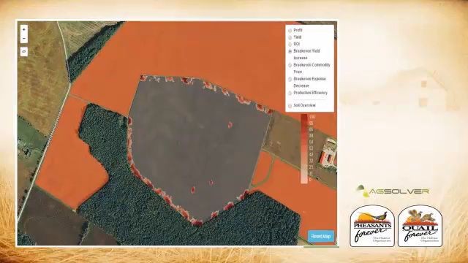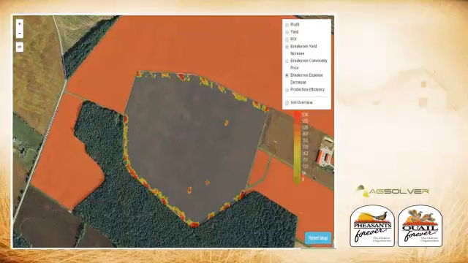Another way we can look at this is the break-even yield increase. How much do I have to increase my yield just to break even? And some of those numbers are 106 bushels. I don't know of an agronomic process right now that can increase 106 bushels. So that was one of the ways we looked at what potentially could be out there.